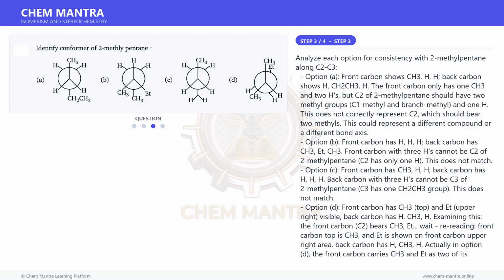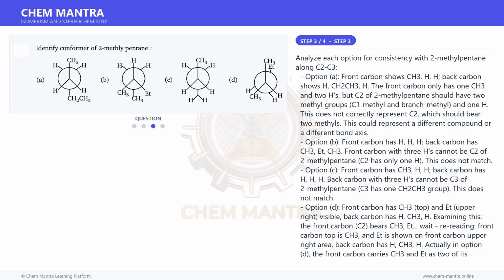Back carbon has H, CH3, H. Actually in option D, the front carbon carries CH3 and Et as two of its substituents plus an implied H, and back carbon carries CH3, H, H. This matches C2, bearing CH3 from C1, CH3 branch, H, and C3, bearing CH2CH3.